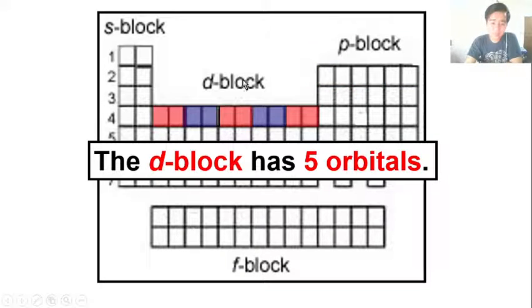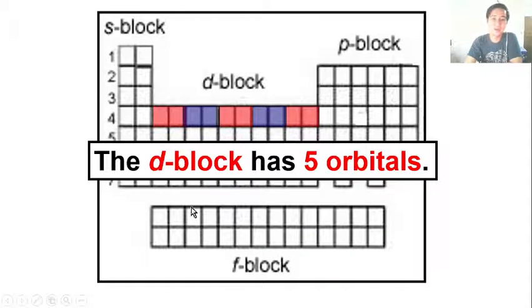Well, in the D block, it has actually how many orbitals? 5. So it's 1, 2, 3, 4, 5. How many electrons in total? 1, 2, 3, 4, 5, 6, 7, 8, 9, 10.